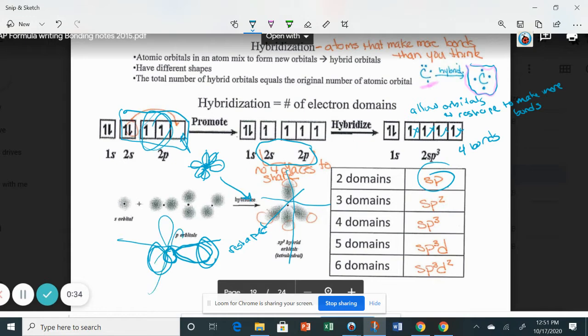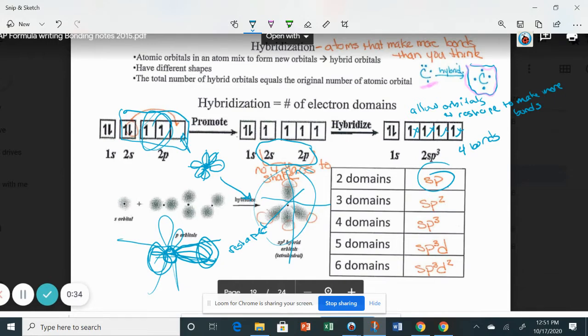They come out like this and then go down. So it's only 1 s and 1 p that hybridize to make the bond. These are all of them hybridizing, right? So hybridization is changing the shape of the orbitals, moving electrons around so you can make as many shared regions as necessary to make the compound.